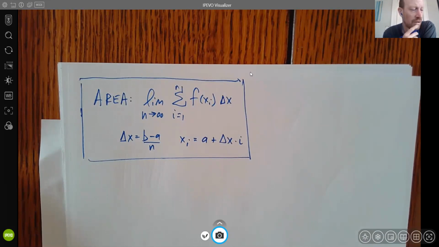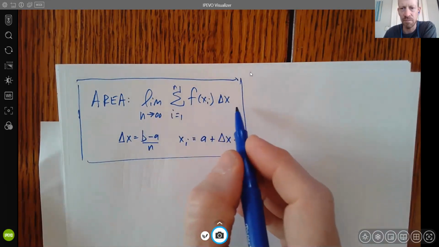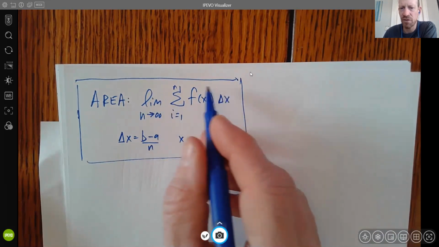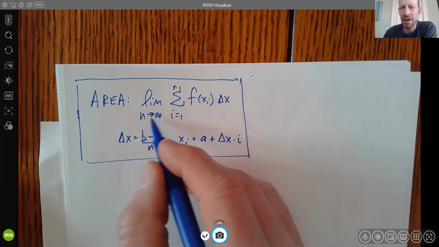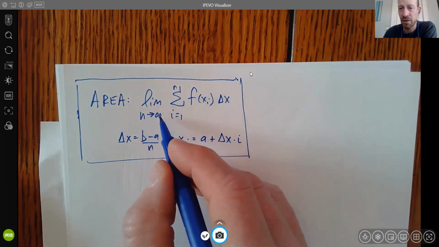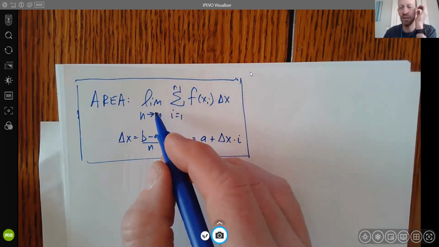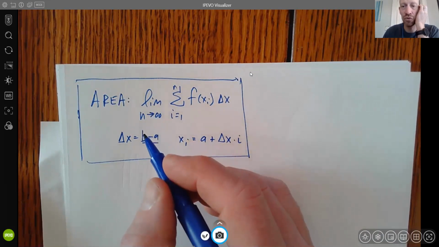So it is very important to me that you understand what this is saying. This is adding up the areas of the rectangles and then letting the number of those rectangles go to infinity. And if we do that and can calculate where they are heading, right, the limit of those, that will tell us the true area under that curve.